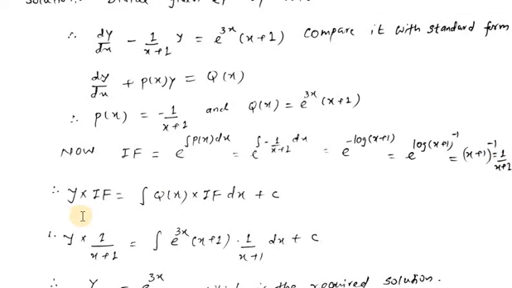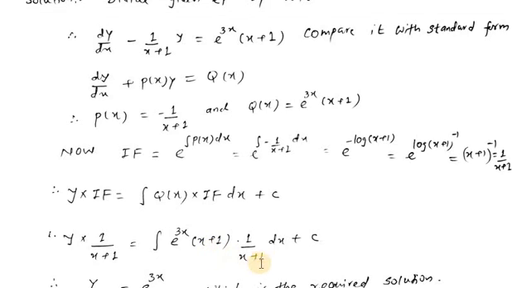Now the solution is y into integrating factor equals to integration q of x into integrating factor dx plus c. So y as it is, and the integrating factor is 1 over x plus 1, equals to integration q of x is e raised to 3x into x plus 1, and the integrating factor is 1 over x plus 1.